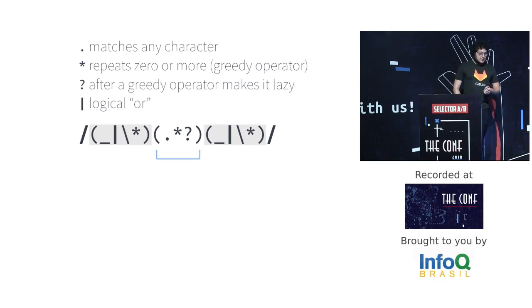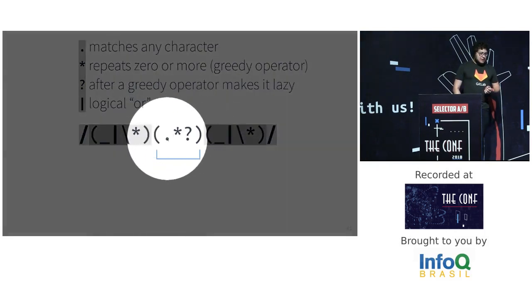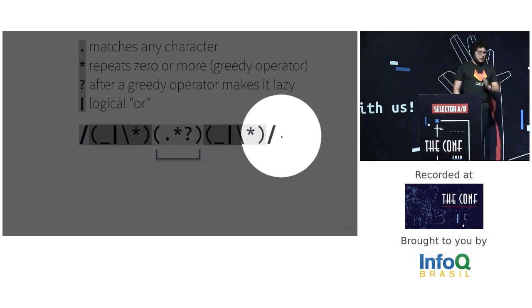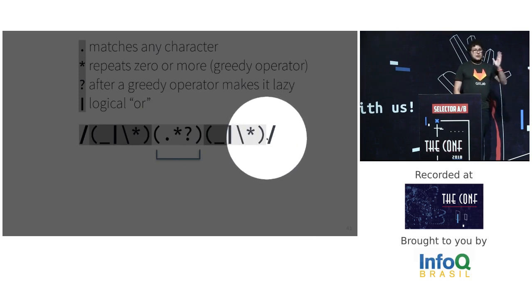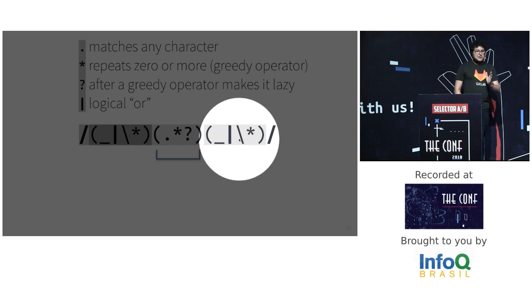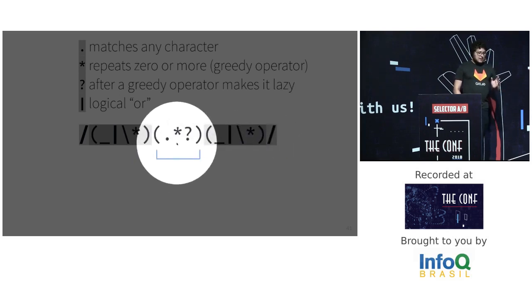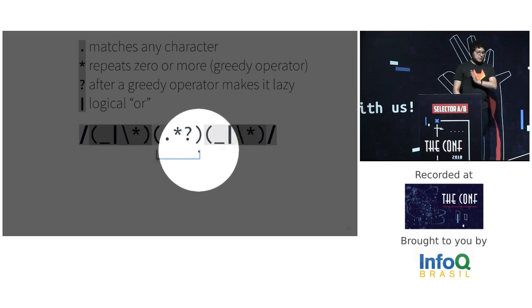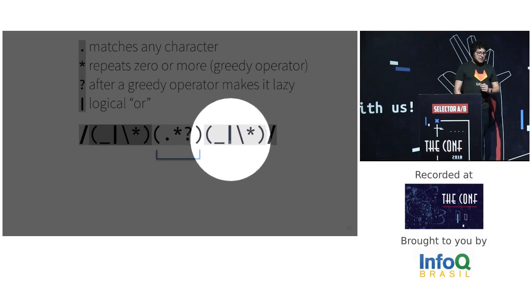When it starts evaluating the dot, it takes the first character, and then it tries to evaluate the rest of the regular expression. When it fails, it backtracks, but it backtracks forward. This is the correct term. It's misleading, but that's the correct term. So then it goes forward and tries to evaluate the whole regular expression until it finds the first closing token. That's what we are looking for.